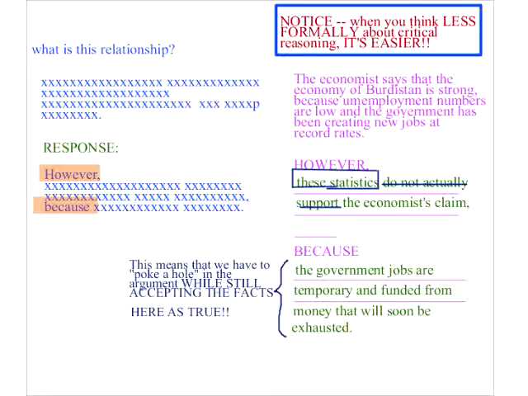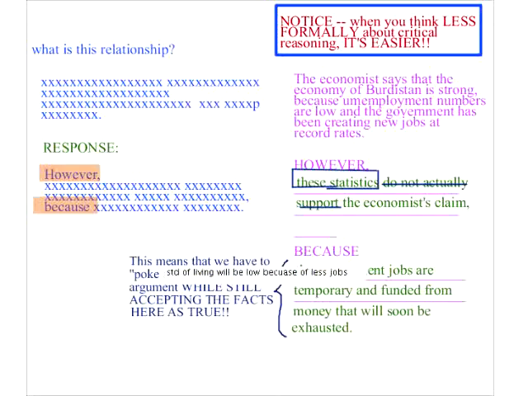So I do want to make the point that a couple people tried to do that. One person wrote standard of living will be low because of fewer jobs. And you can't do that because the passage actually tells you that there are more jobs.